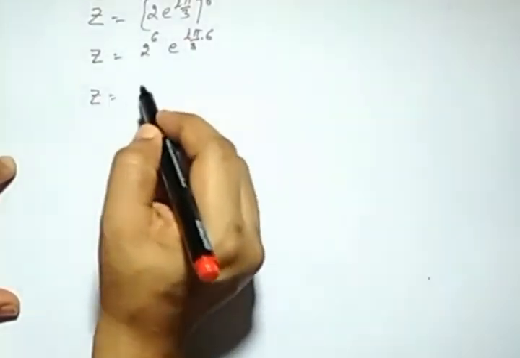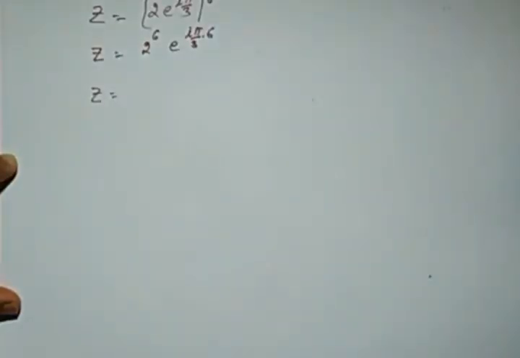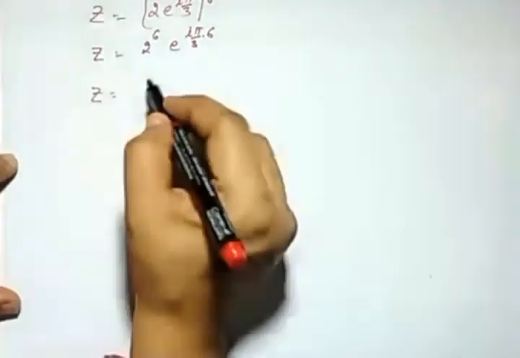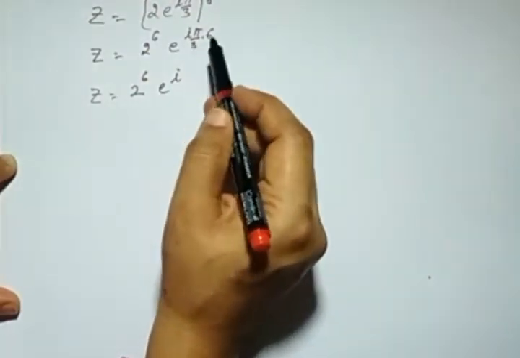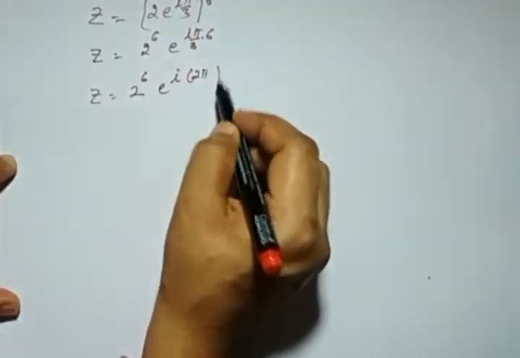z is equal to 2 raised to power 6 and then e raised to power i, this becomes i of 2 pi.